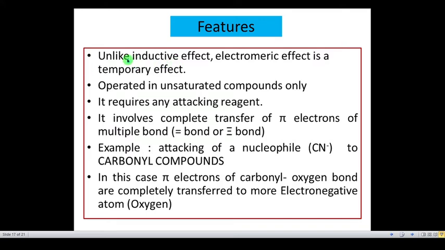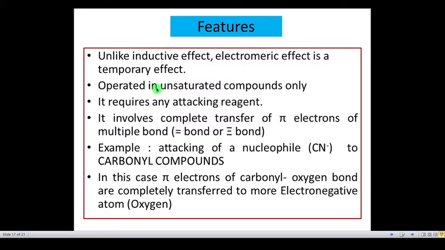No attacking reagent is needed for the inductive effect to take place, because the existing electronegative atom or group initiates it. Whereas the electromeric effect is a temporary effect, so it needs some attacking group or attacking reagent. It operates in unsaturated compounds only.